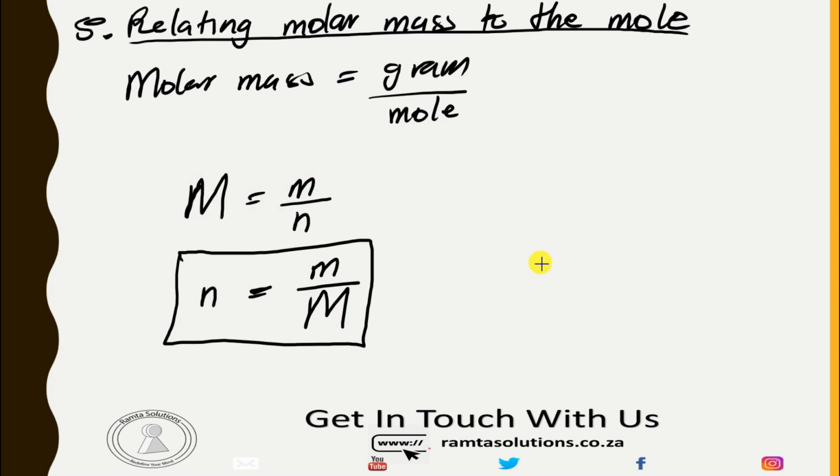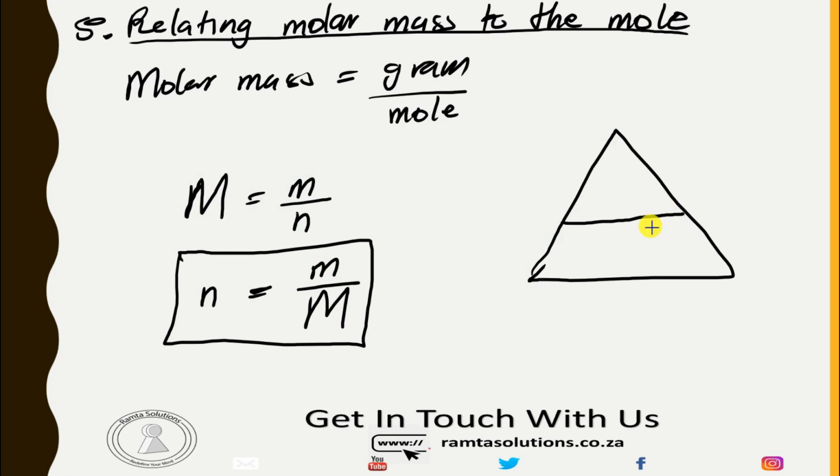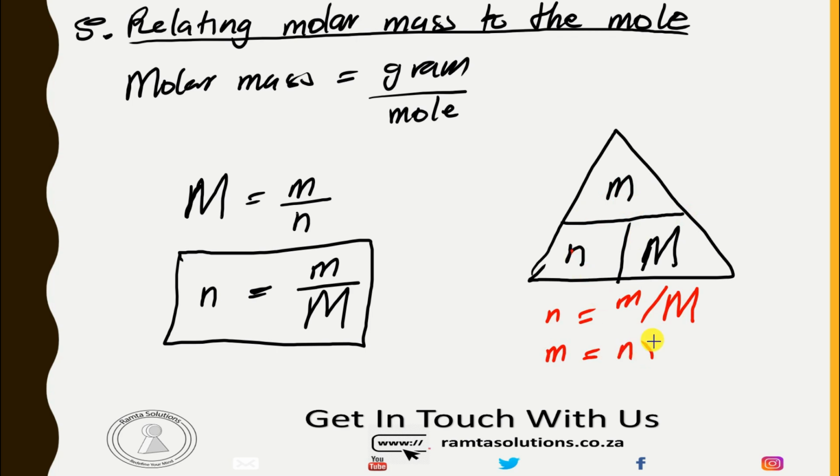To remind yourself, you can use this triangle and say this is n. So what is n? n is m over capital M. From this equation, it follows that if you're looking for mass, mass is equal to n, which is the number of moles, multiplied by molar mass.